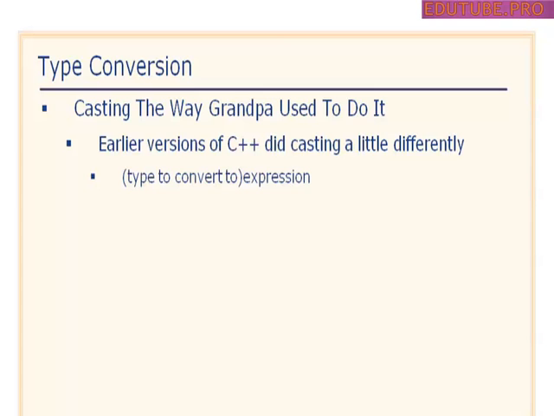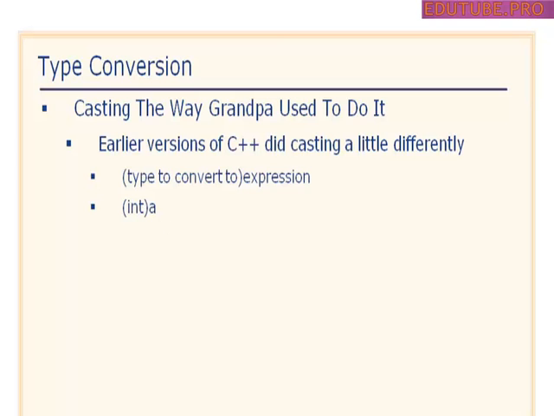They used this kind of syntax. They put the type to convert to and then the expression. Now the expression, if it's more than just a single variable, would have been in parentheses also. So for example, to cast the variable a to an integer, you would have typed int in parentheses and then the variable a.